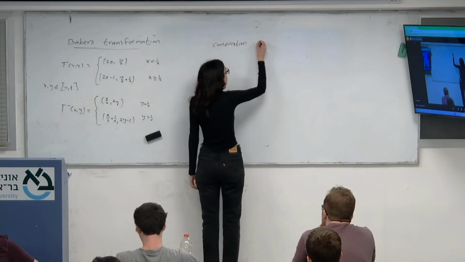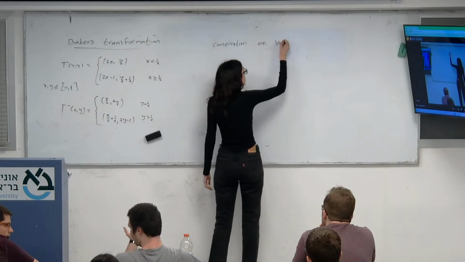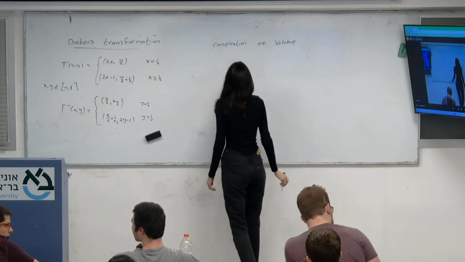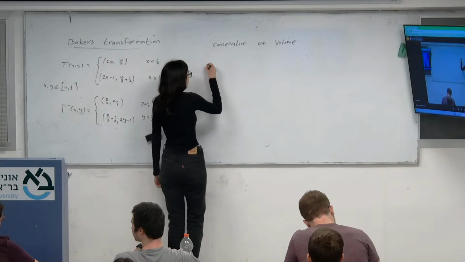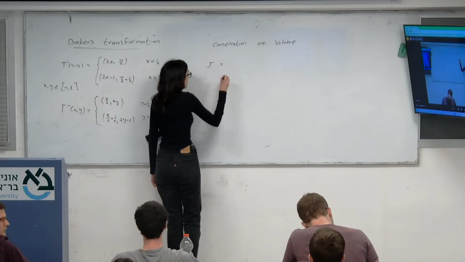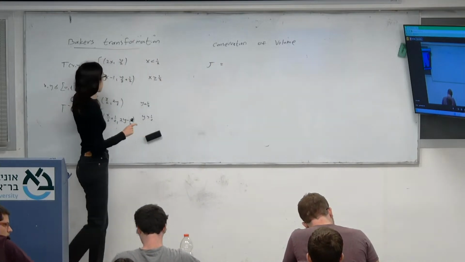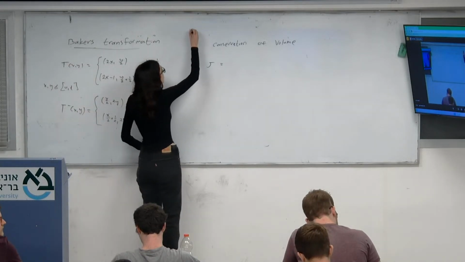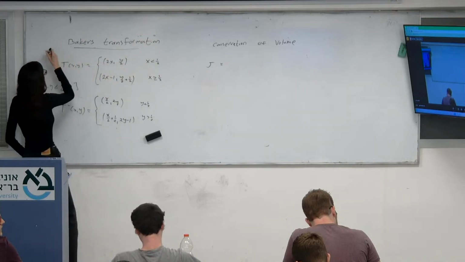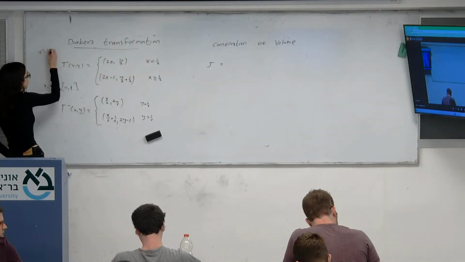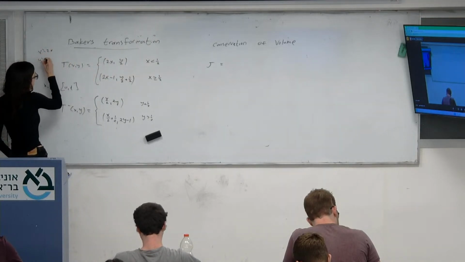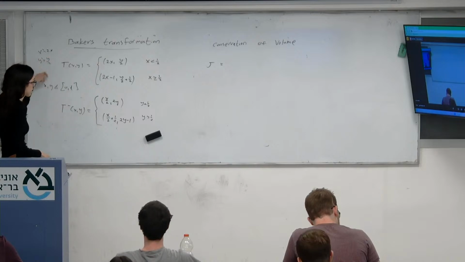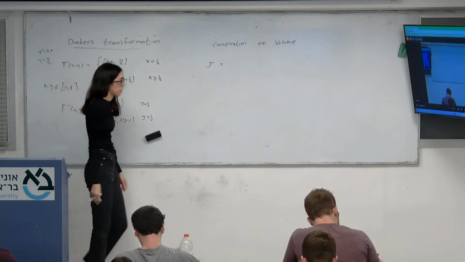Which is the case because it's invertible. So the Jacobian is equal to... let's call the new coordinates x tag and y tag. So in that case, we have x tag equal to x, and then y tag equal to y over 2, and the same for x larger than half.